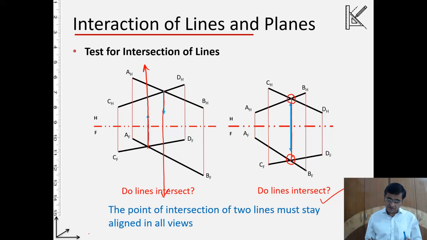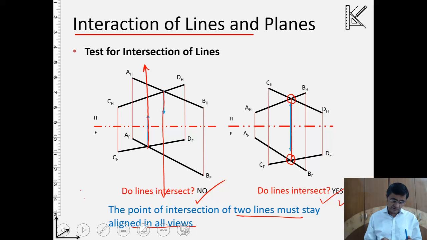So the point of intersection of two lines must stay aligned in all views. Even if I draw the profile view, again there will be a single point, and through projectors I should be able to reach that very point. So yes, this is intersecting, here it is not intersecting.